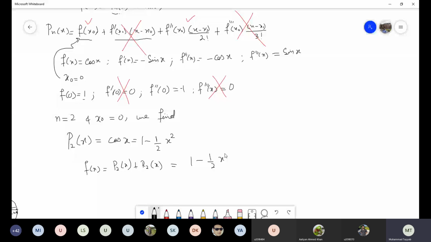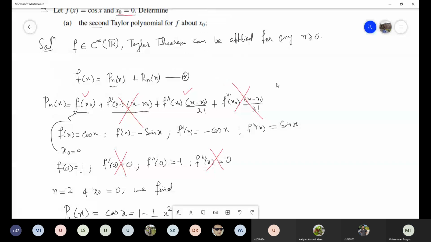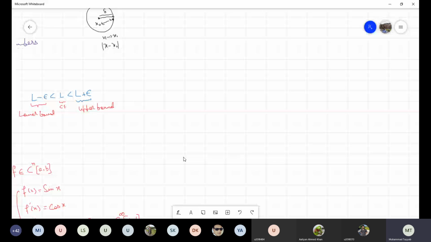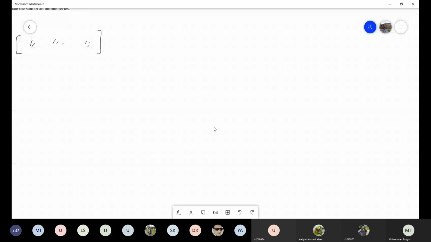R2 की जो definition मैंने यहाँ define की है last में, this definition which is defined by the equation number 2, this one Rn of x.